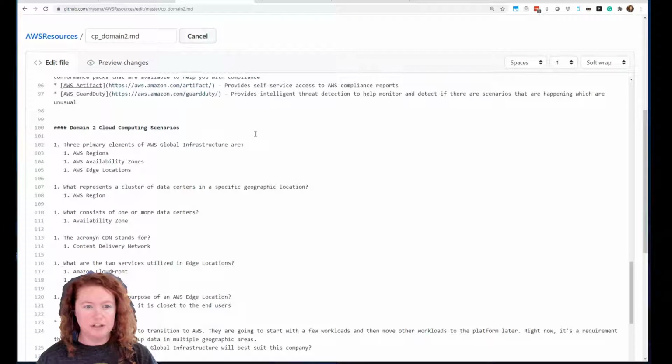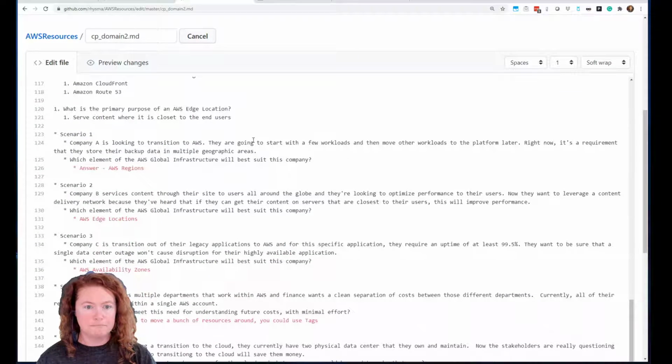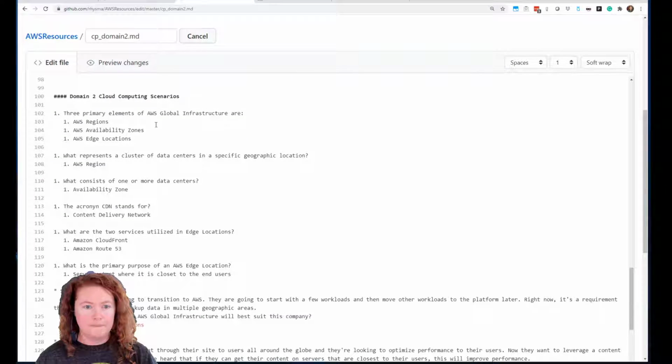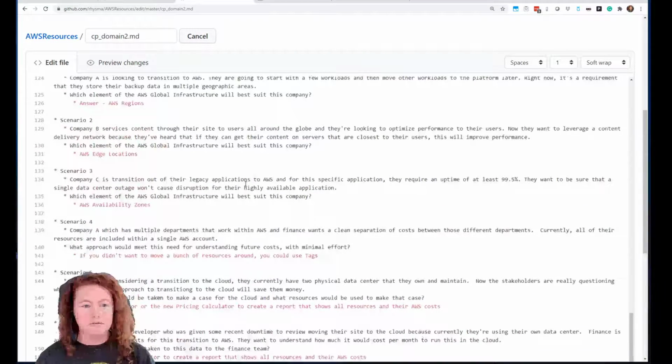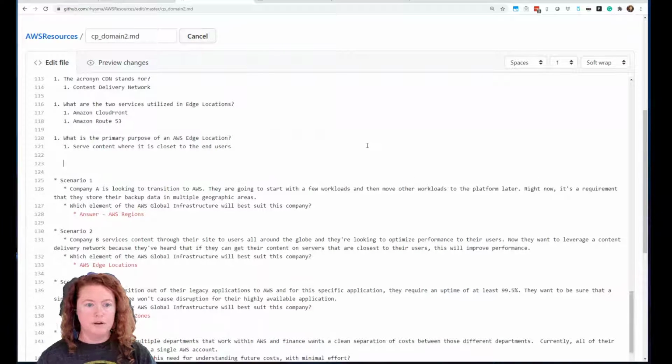So this was Domain 2, cloud computing scenarios. Let's add these in here. All right, the first one I had was about the pillars of the Well-Architected Framework.